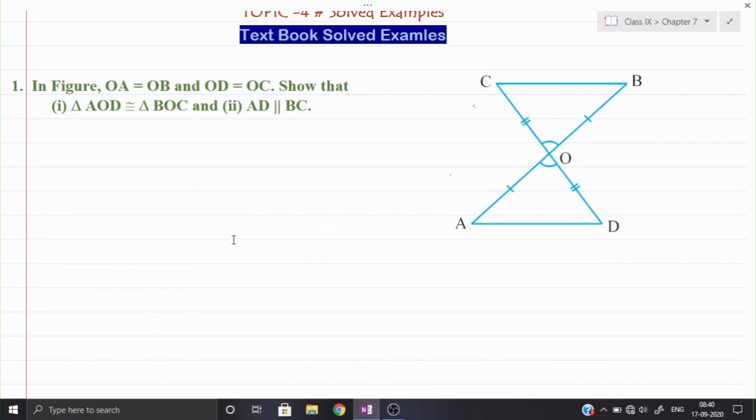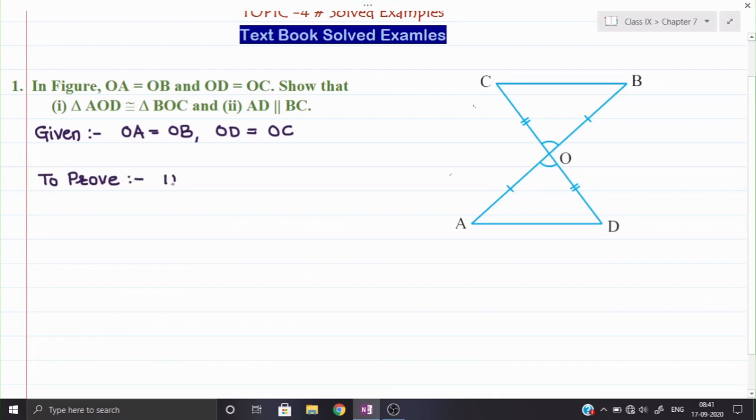So let us see both the parts one by one. First we shall write down the given things in the question. So given, we shall mention, OA is equal to OB. Second, we are given OD is equal to OC. Now what we need to prove? We shall mention both the parts.